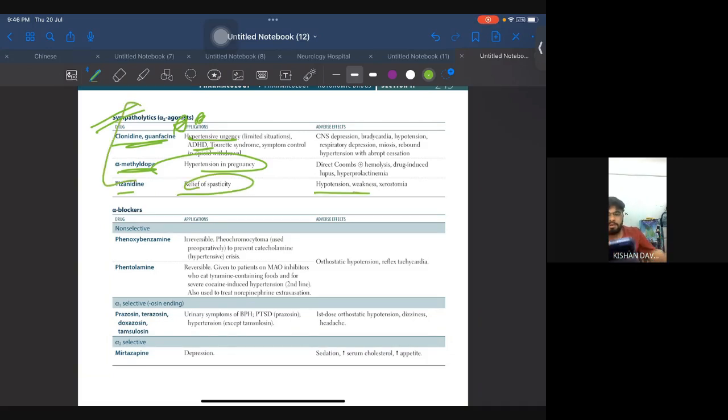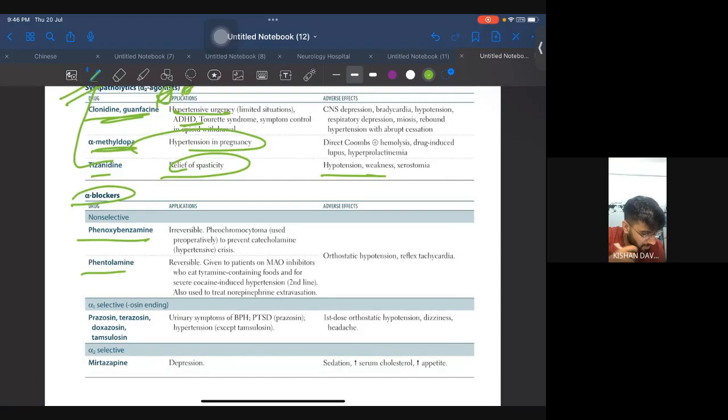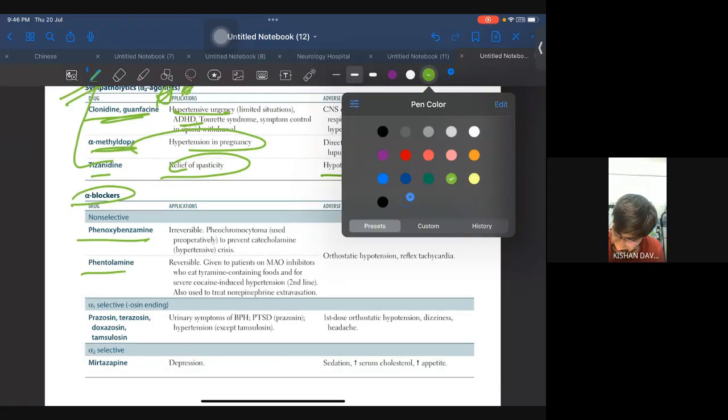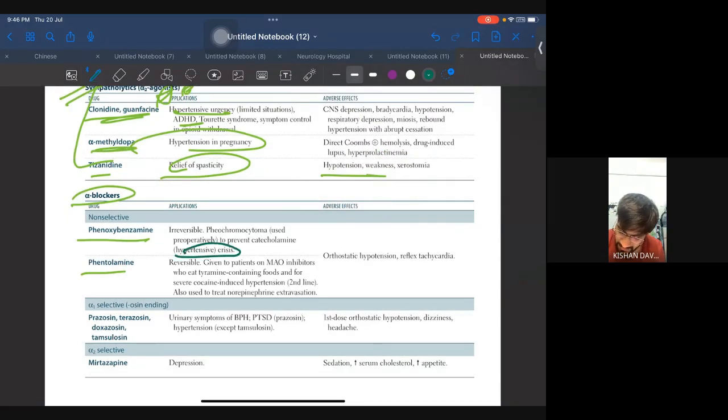Coming to alpha blockers. Alpha blockers' functions you already know. Phenoxybenzamine and phentolamine. Now here one thing I want you to remember is that you have read that hypertensive crisis happens. What happens in hypertensive crisis? It gets headache, there are palpitations and sweating.